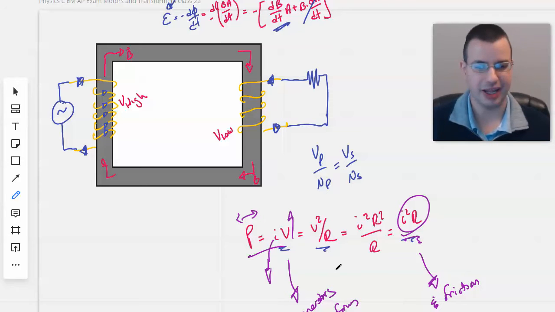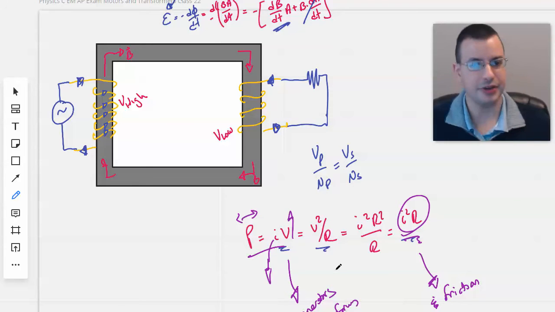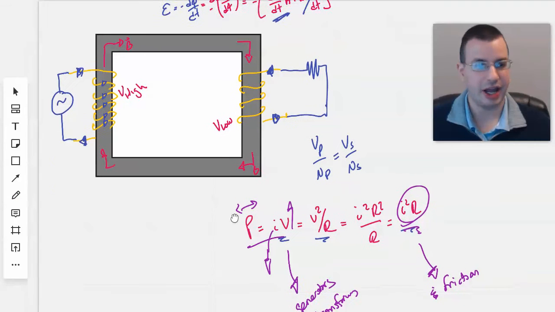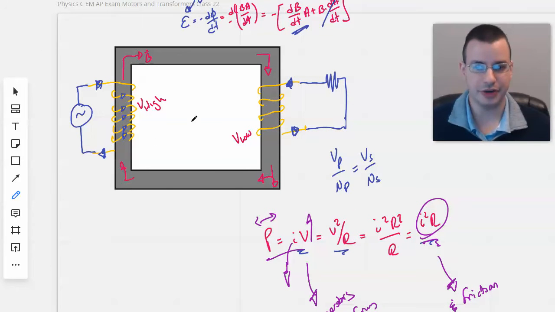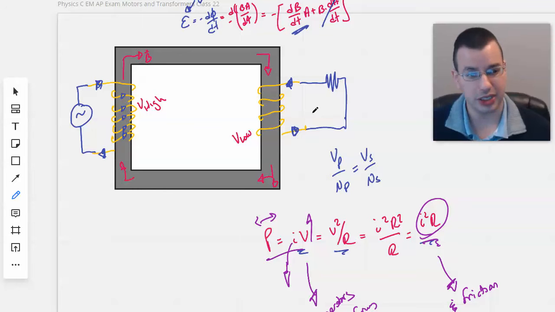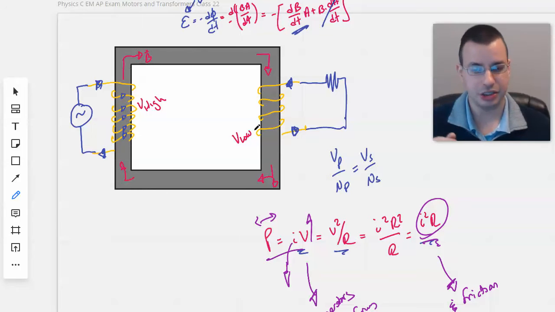One of the other ancillary benefits of transformers is that it isolates two circuits. You have this circuit over here on the left and this circuit over here on the right, and electrically they are isolated, though magnetically they're not.